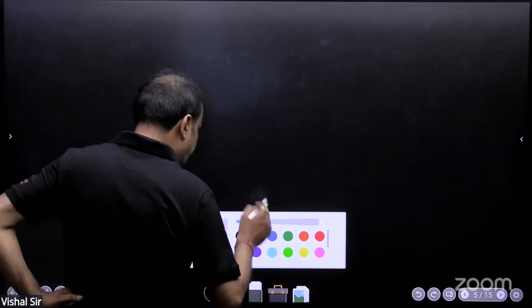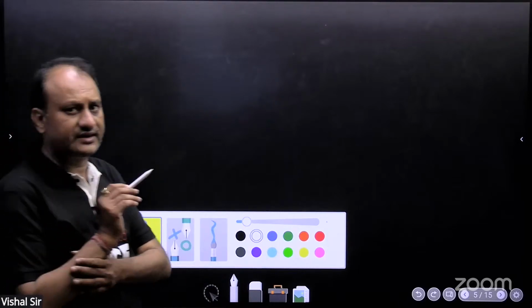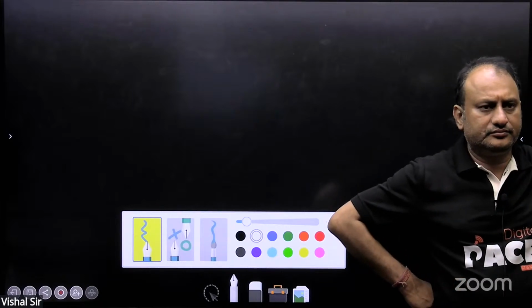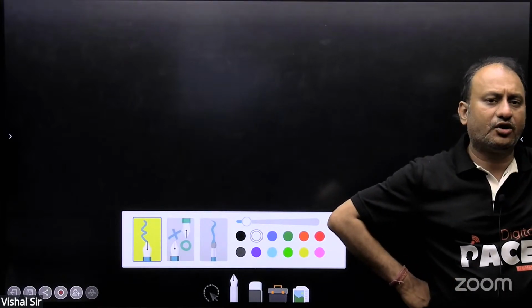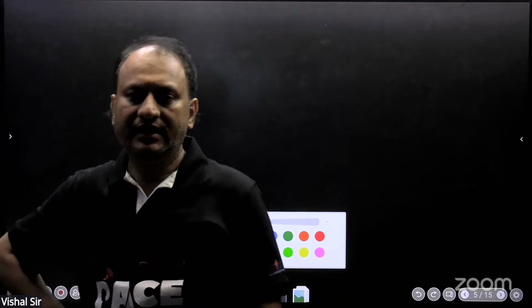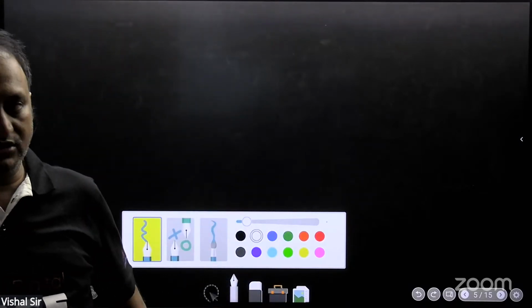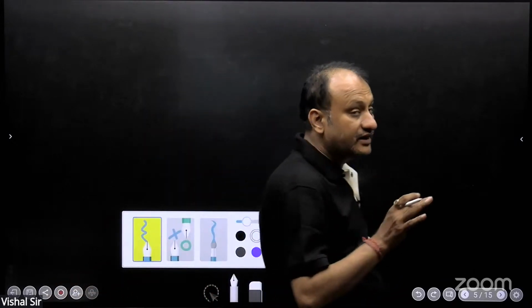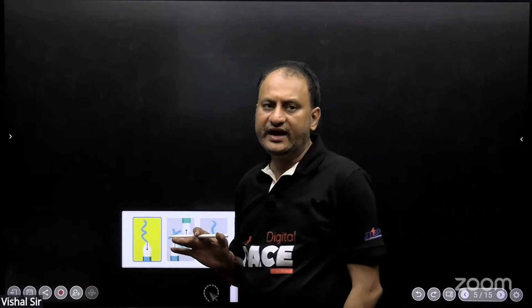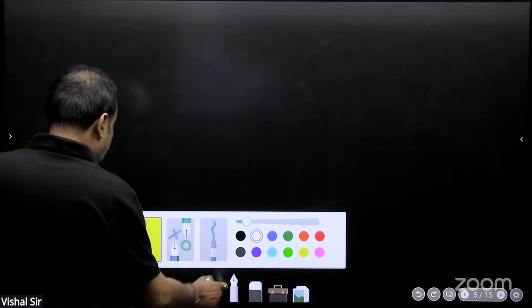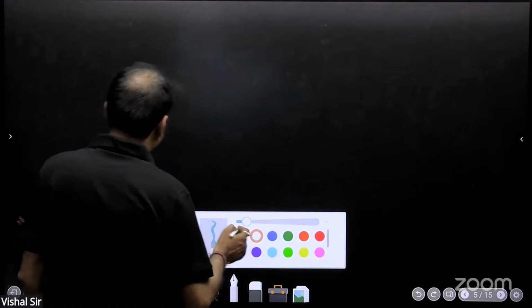One more thing in galvanic cells which we should discuss is what happens if I add two oxidation or two reduction reactions. See, a galvanic cell is formed by adding one reduction and one oxidation reaction, a redox reaction. But what will be the value of EMF if I add two oxidation or two reduction reactions? Like for example, let's take this situation.